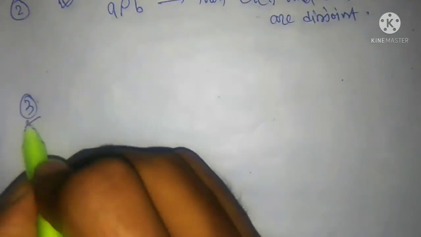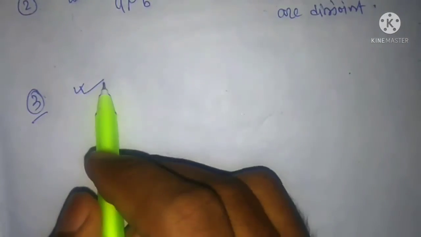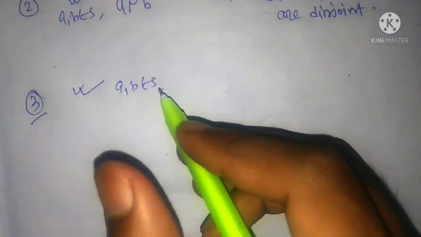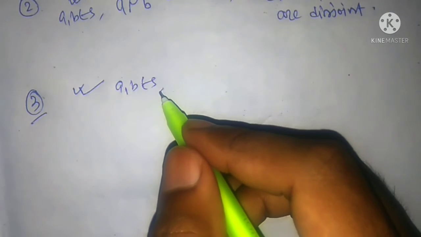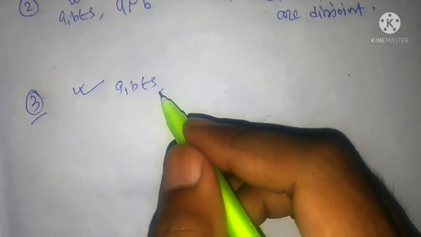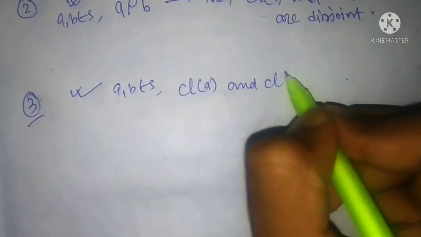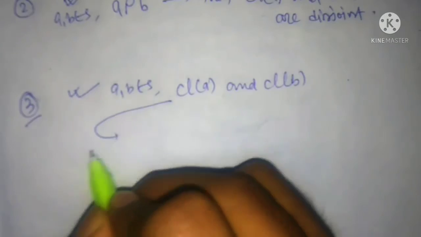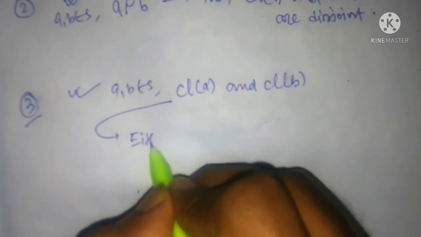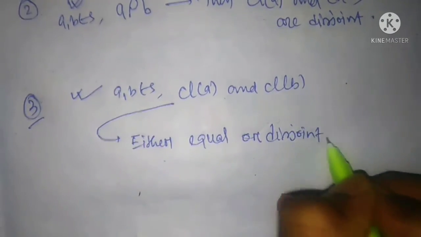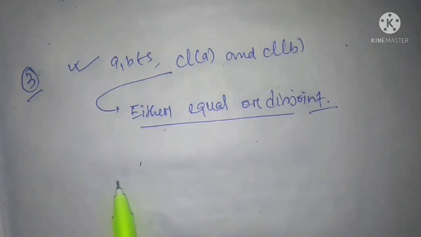The third theorem is: let rho be an equivalence relation on the set S and A, B belong to S, then the equivalence classes of A and B are either equal or disjoint. So class of A and class of B are either equal or disjoint.